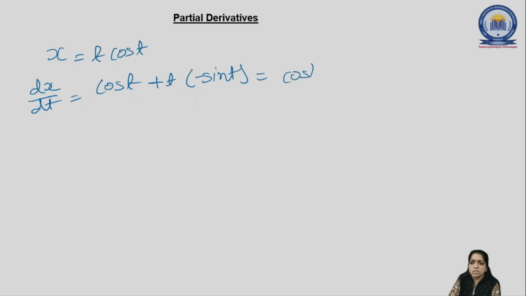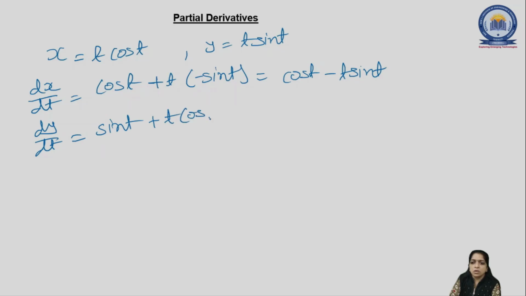So cos t minus t sin t. Similarly, the derivative of y with respect to t, that is dy by dt, is sin t plus t cos t.